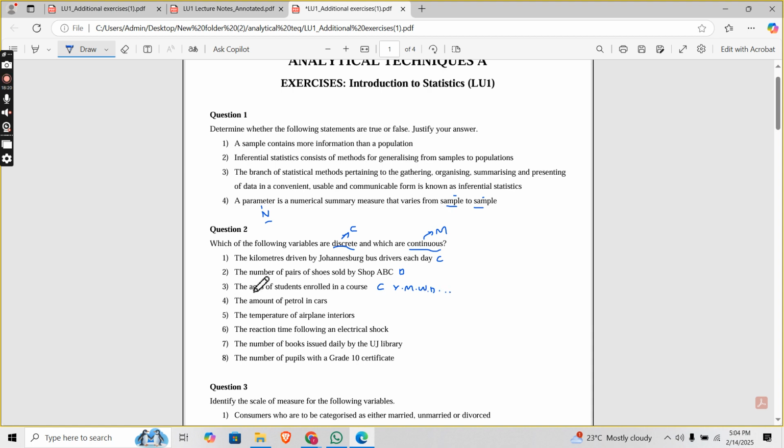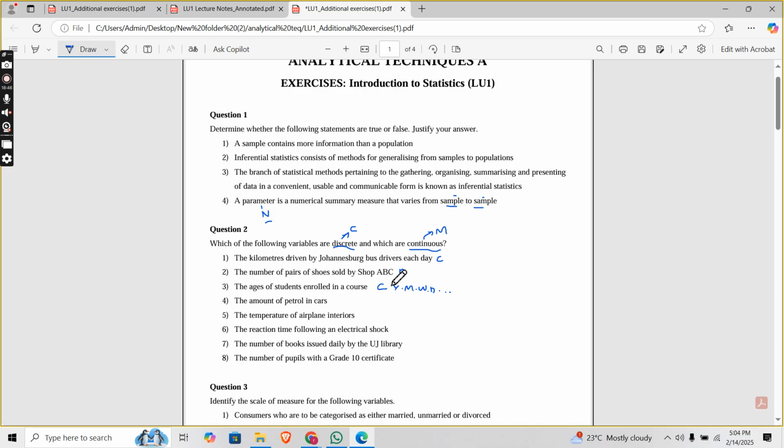Okay, so if the ages were specified as ages in the number of years, the answer could be discrete instead of continuous. Remember, discrete does not have any comma or decimal.